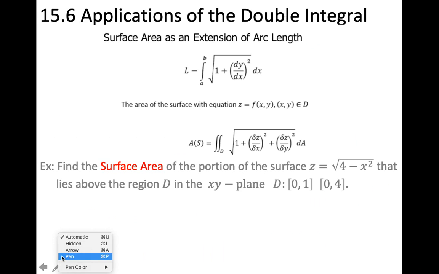All right, let's do surface area. Surface area really is very similar to length of a curve, arc length, where I developed this formula for you in BC, and we talked about how it came from a whole bunch of infinitesimal hypotenuses. Very similar situation. Notice that instead of dy dx, I have partials.